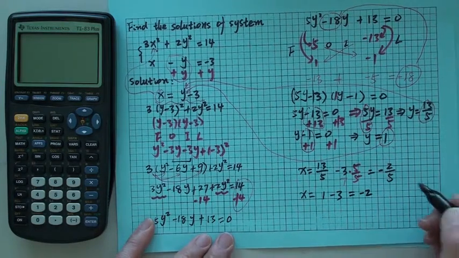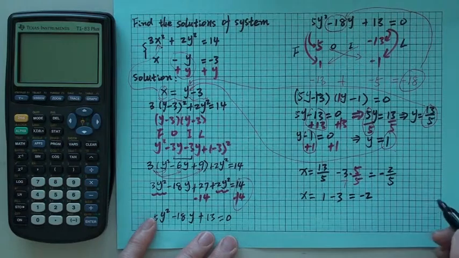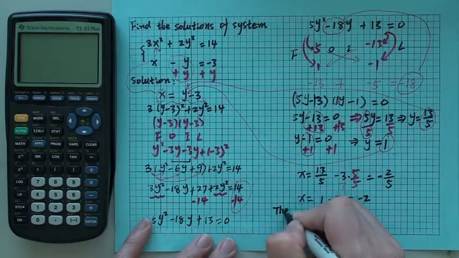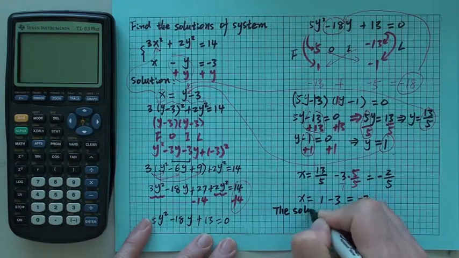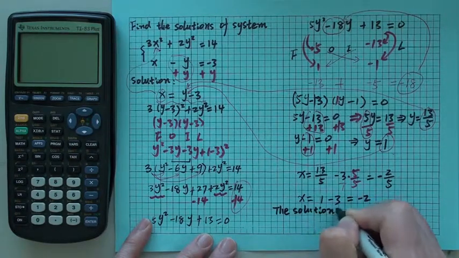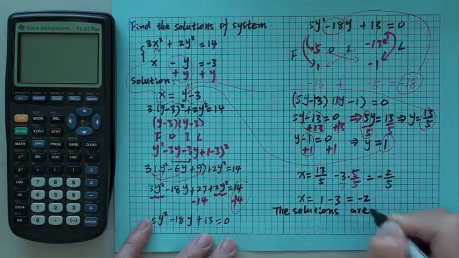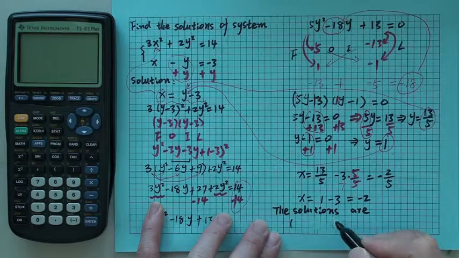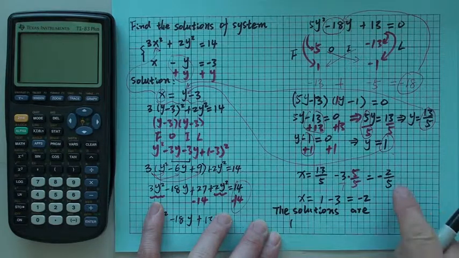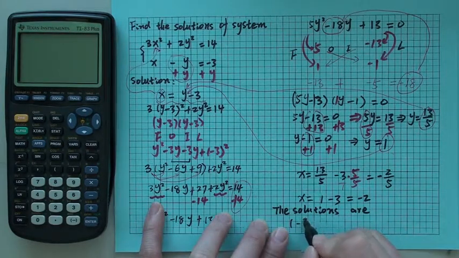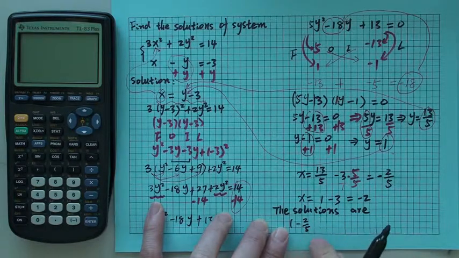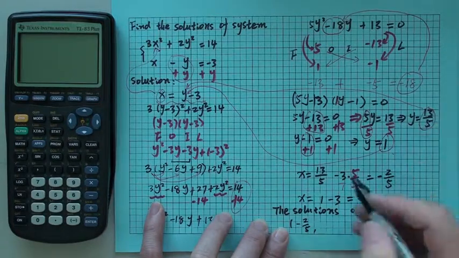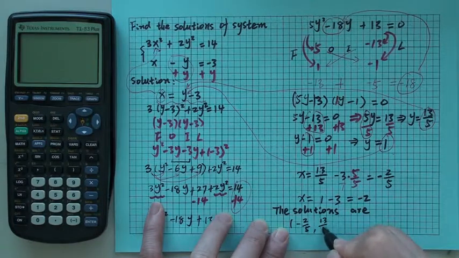So the solutions may be written as two pairs. One is x equals negative 2 over 5, and that's from y equals 13 over 5.